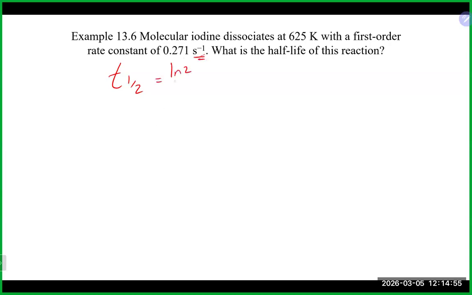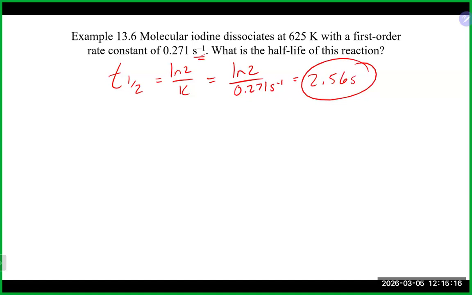Going right into our formula, natural log of 2 divided by 0.271 reciprocal seconds, that gets us about 2.56 seconds as the half-life in this particular case.